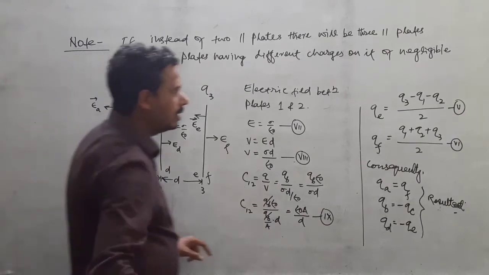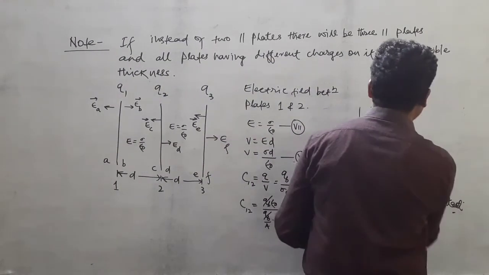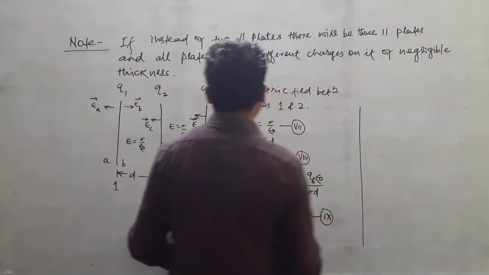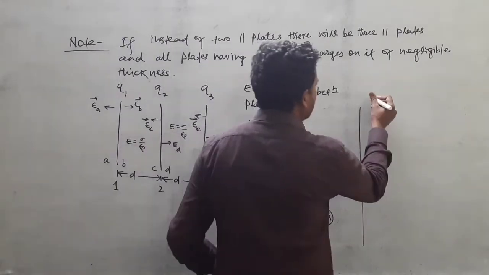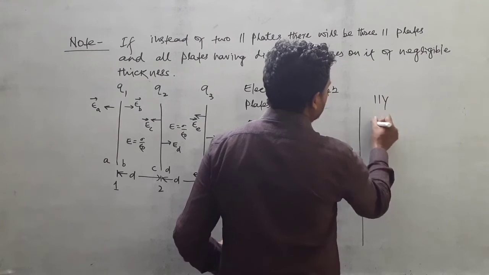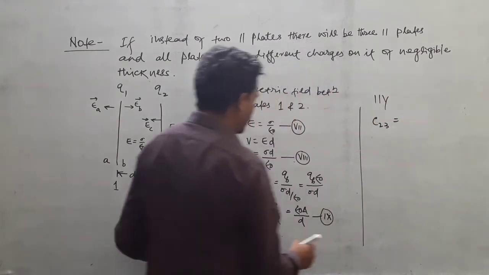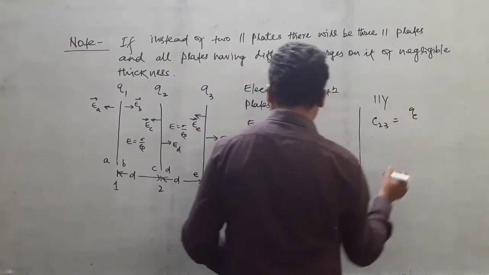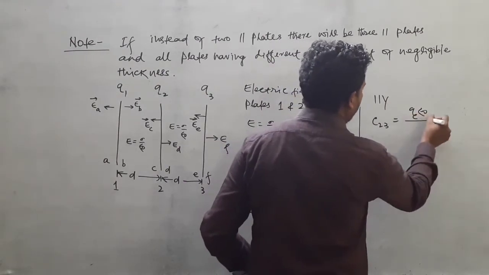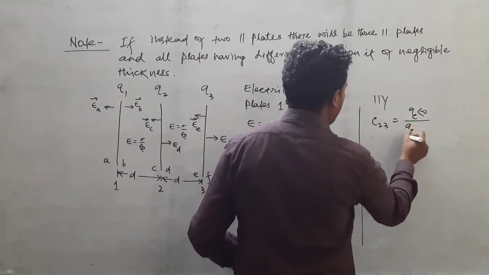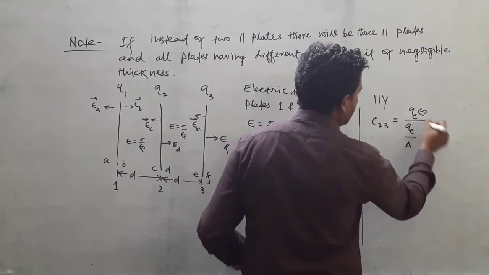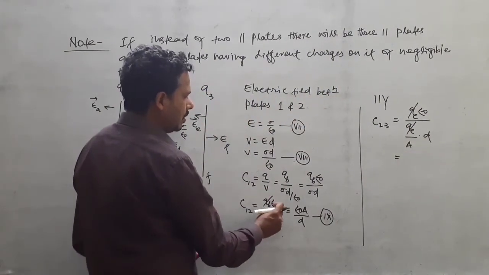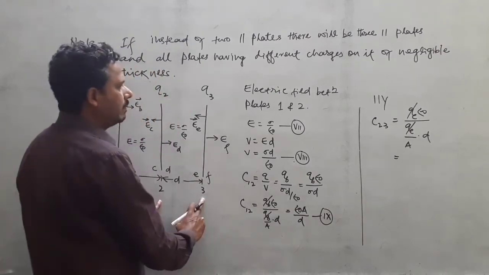Similarly, if you wanted to find the capacitance between plates 2 and 3, C23, I am just going to get it directly. That would also be QC epsilon naught divided by QC by A into D. So from here QC will be cancelled, because everything will be the same: epsilon naught and D, where D is the separation between plates 2 and 3.